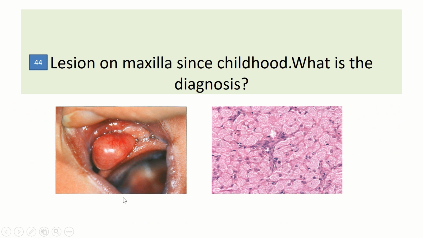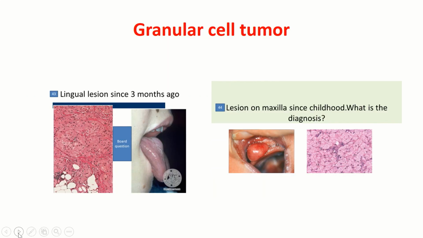And this is another case of granular cell tumor that is a congenital form, lesion on maxilla since childhood. Another finding in histopathology of this tumor is the hyperkeratosis of the epidermis as pseudoepitheliomatous hyperplasia.